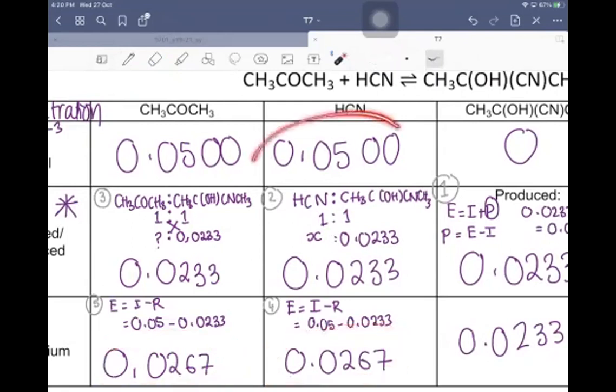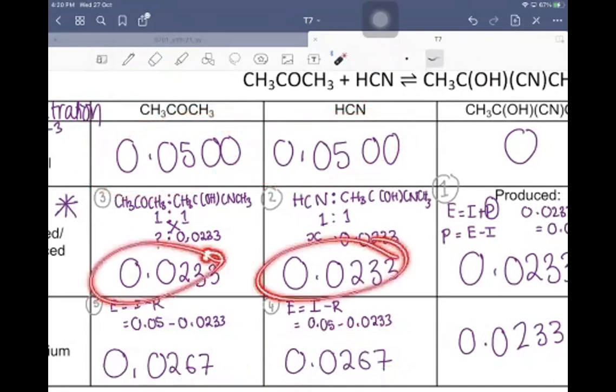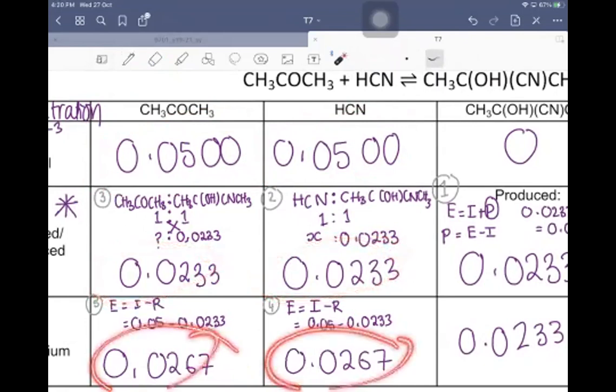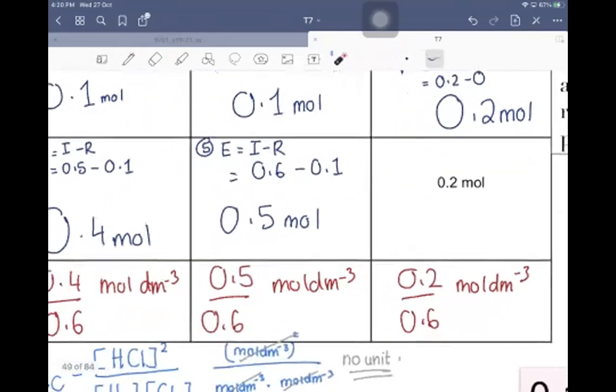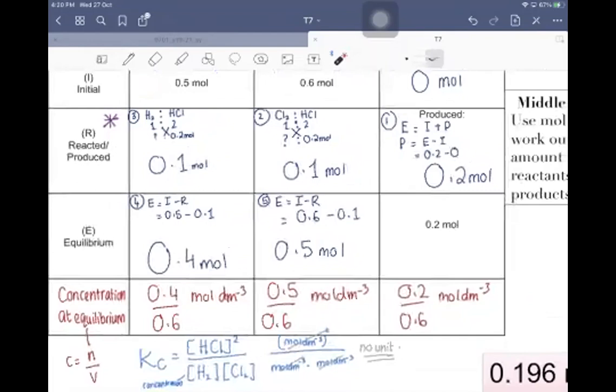No, it's because the initial concentration is the same, and how much has reacted is the same because of the 1-to-1 ratio, right? That is correct. And of course, at equilibrium you also have the same amount, but you don't necessarily have to have the same amount. Clearly, you can see from the previous question that your reactants don't have the same amount, and the total of your reactants does not equal the total of your products. That's a common misconception.